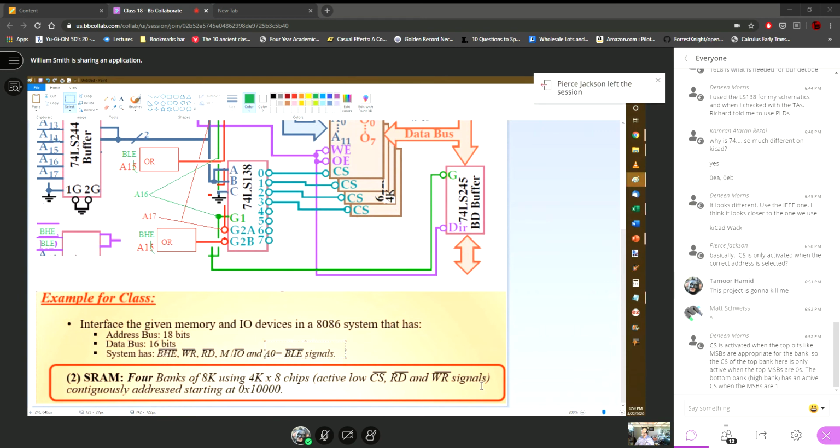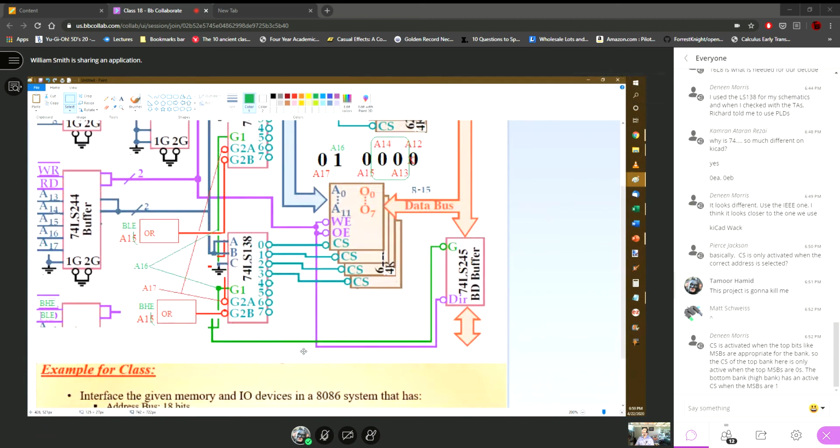And BHE is going to be active whenever you're running an access. BHE turns on when? It's always on if we're trying to pull 16 bits? That's right. It's always on when you're trying to pull 16 bits. BLE is going to be a 1 only if you've got an odd address. BHE is going to be on for both of them.